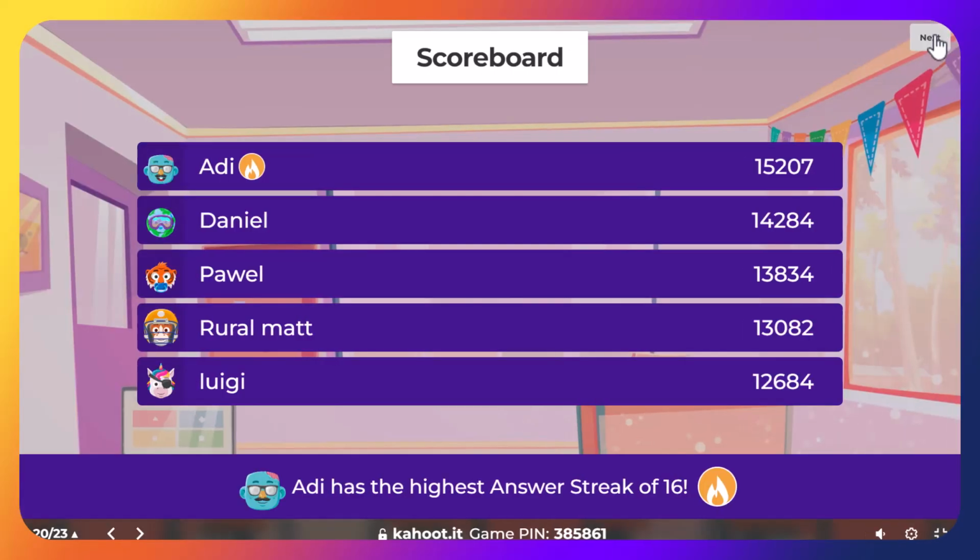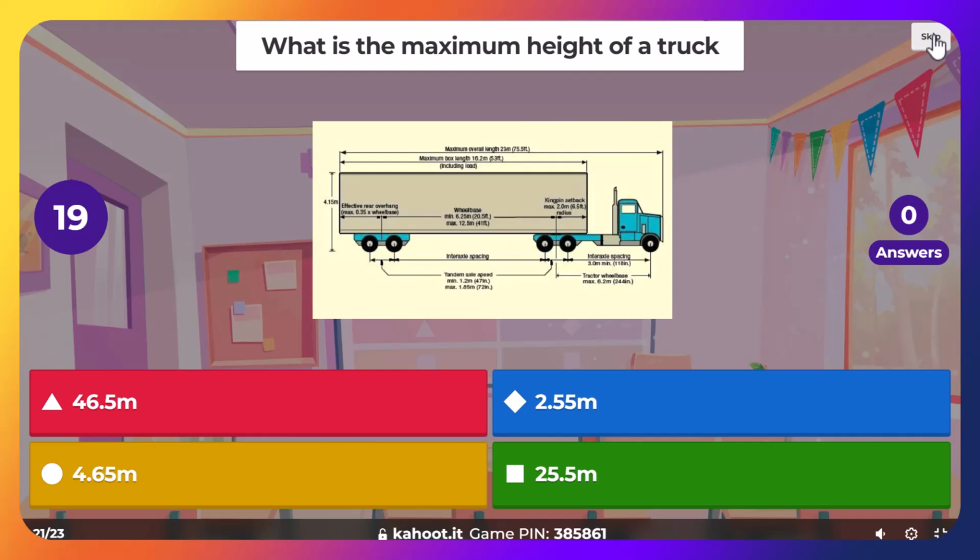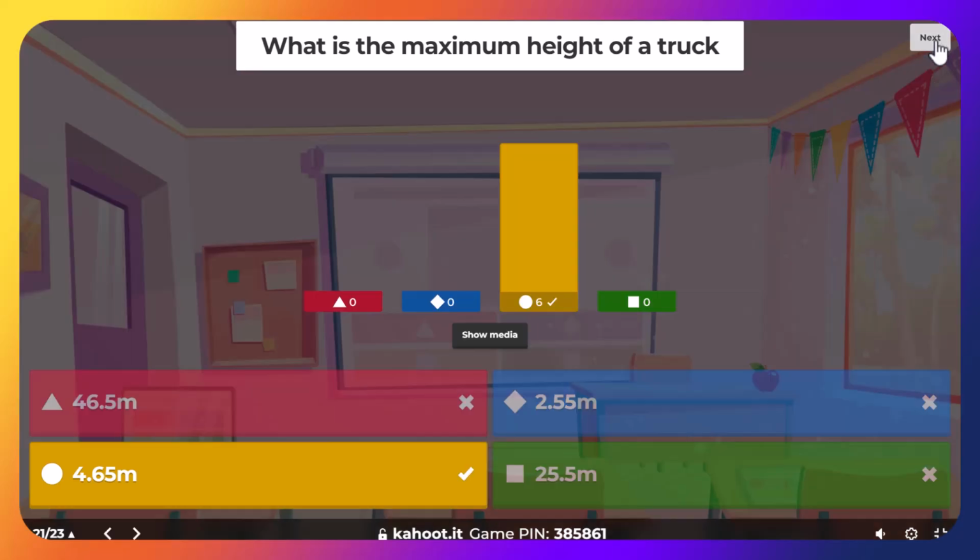Three months, or it might say 90 days. Maximum height of a truck. .65.